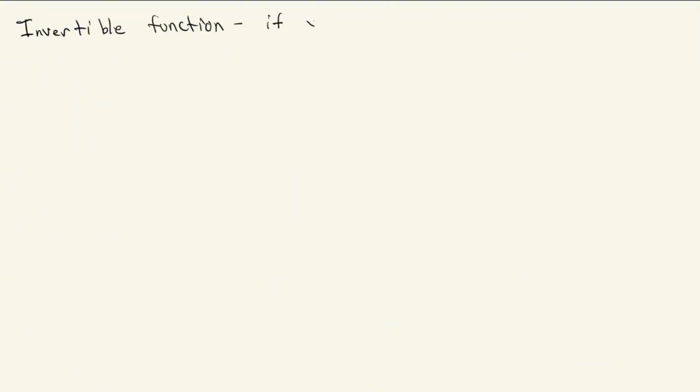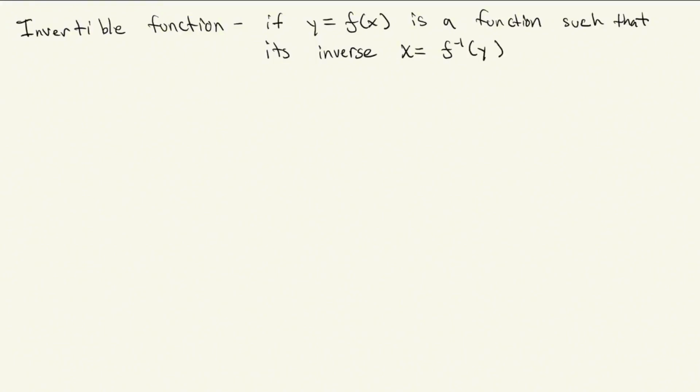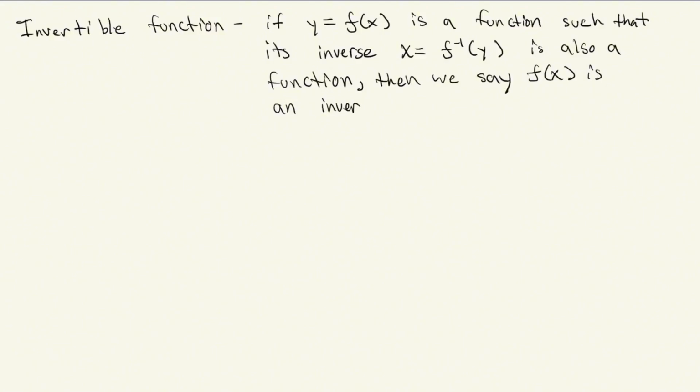So if y is equal to f of x, and this is a function such that its inverse, x is equal to f inverse of y, is also a function, then we say f of x is an invertible function.